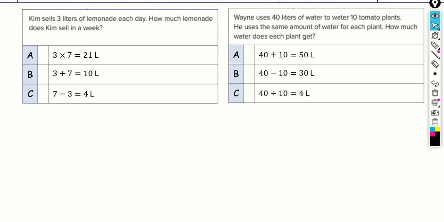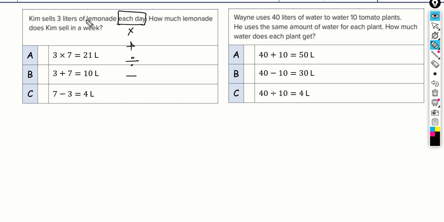Now this is the same type, just don't get confused with the words. Okay. Kim sells 3 liter of lemonade each day. So what will you do when you see this keyword? Will you multiply? Will you add? Will you divide? Or will you subtract? That's the whole thing.